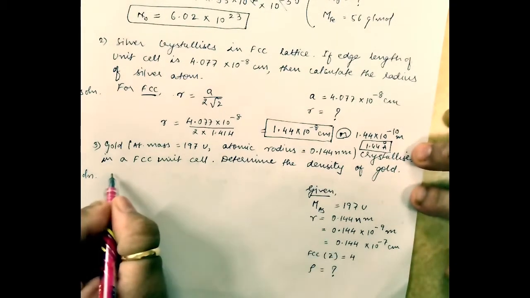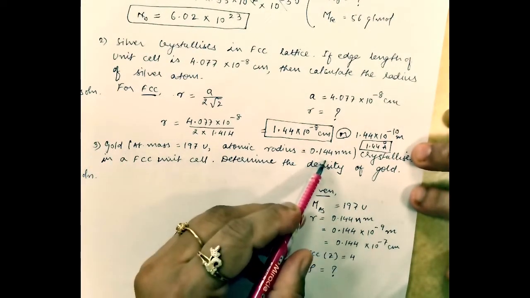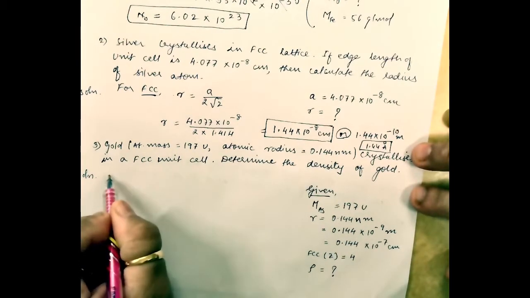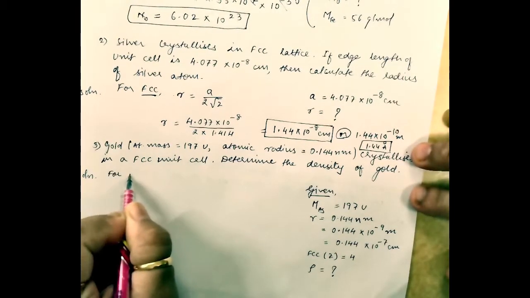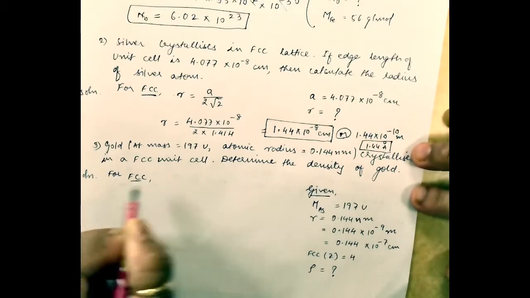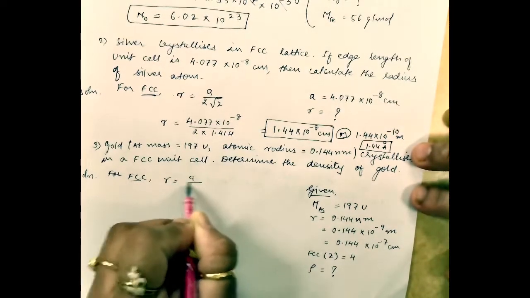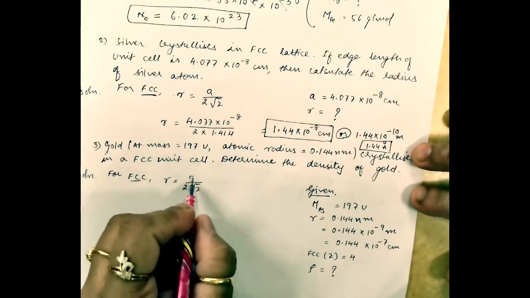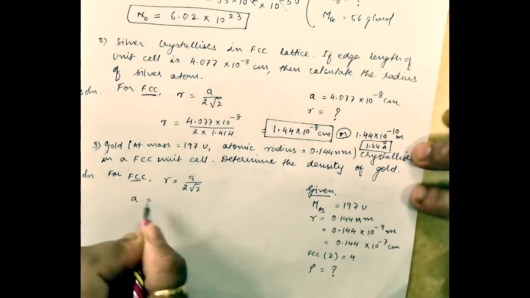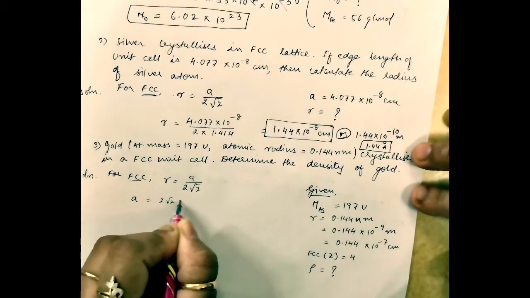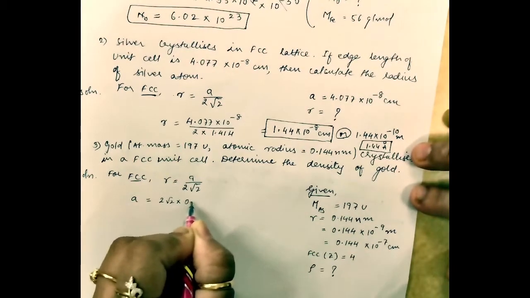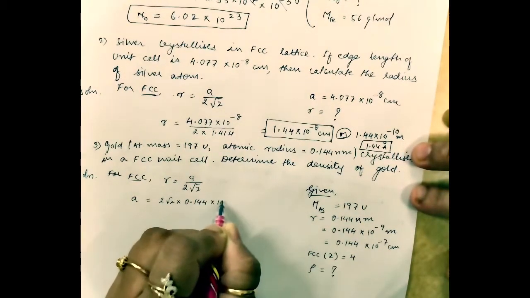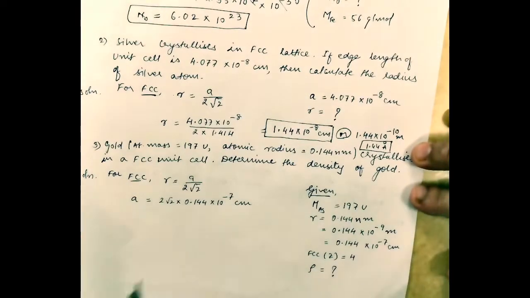So first let us find out A. In the second question itself I have taken, for FCC, R is A by 2 root 2. So let us find out the value of A from here. That will be 2 root 2 into 0.144 into 10 to the power of minus 7 centimeters. That is the value of your R.